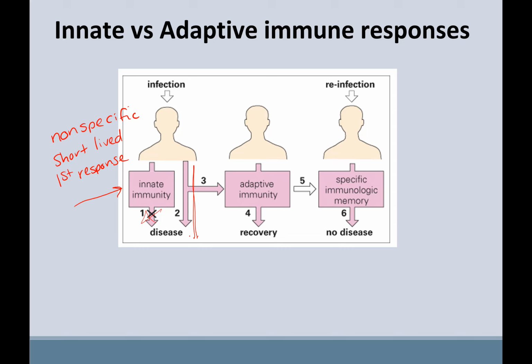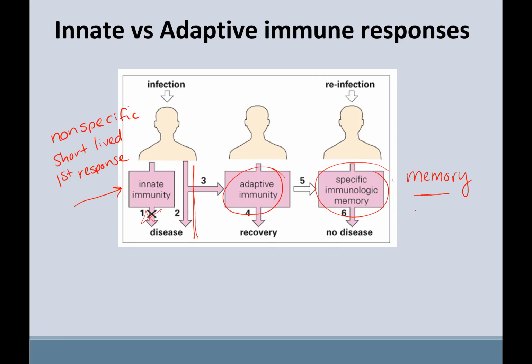And what's happening in the meantime is your second line of defense, your adaptive immunity, is now kicking in. Okay? And what's different about the adaptive immunity is that it leads to memory. The next lecture you'll watch is about vaccines. And vaccines are all about eliciting this adaptive immune response, or this memory.